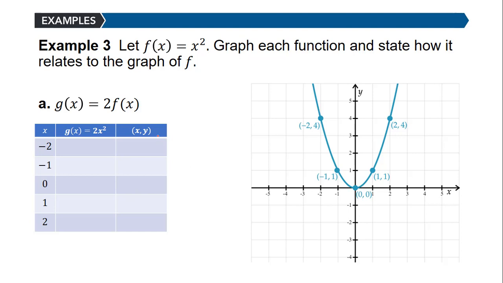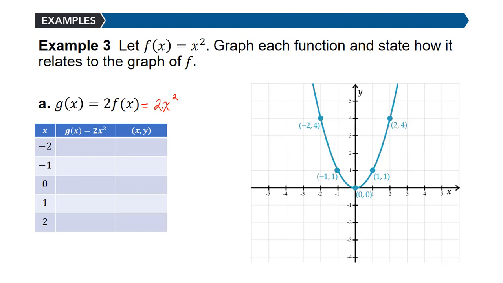Now I could do this on Desmos for you to see it pretty quickly what the result is, but let's just do this manually. So if I want to look at the graph of y equals x squared and then compare it to g of x, which is equal to 2 times f of x, understand that 2 times f of x is nothing more than 2 times that original function, which is x squared.